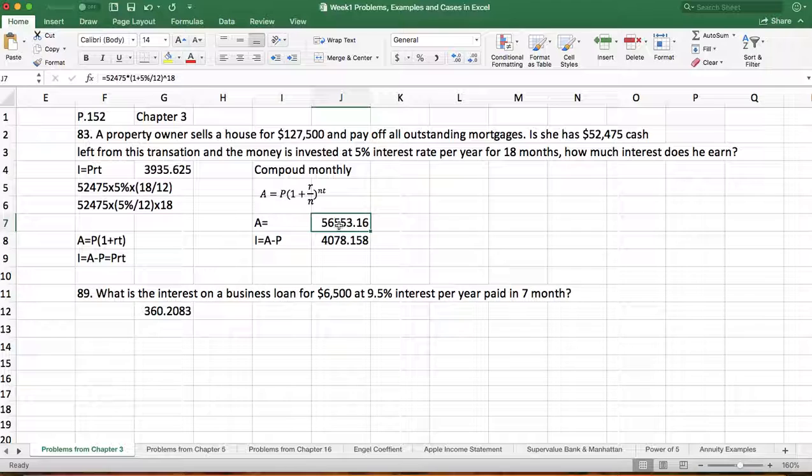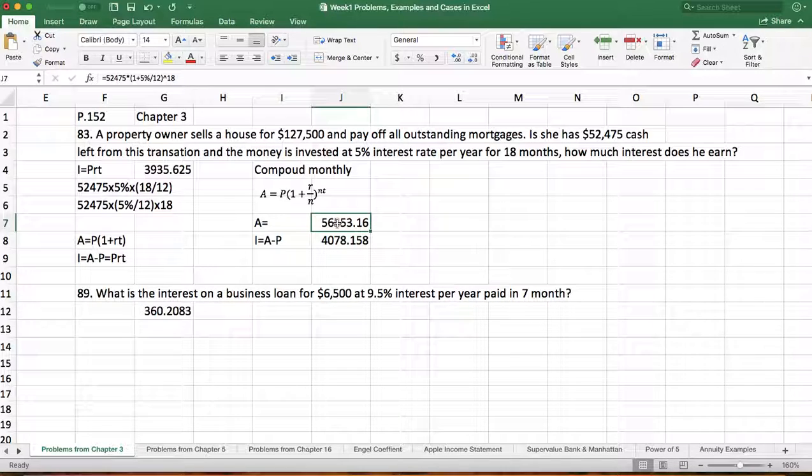I click this cell. This is the result. I click this cell and calculate the accumulated amount. It is the principal times 1 plus the annual interest rate divided by 12, and the compounding period is 18.